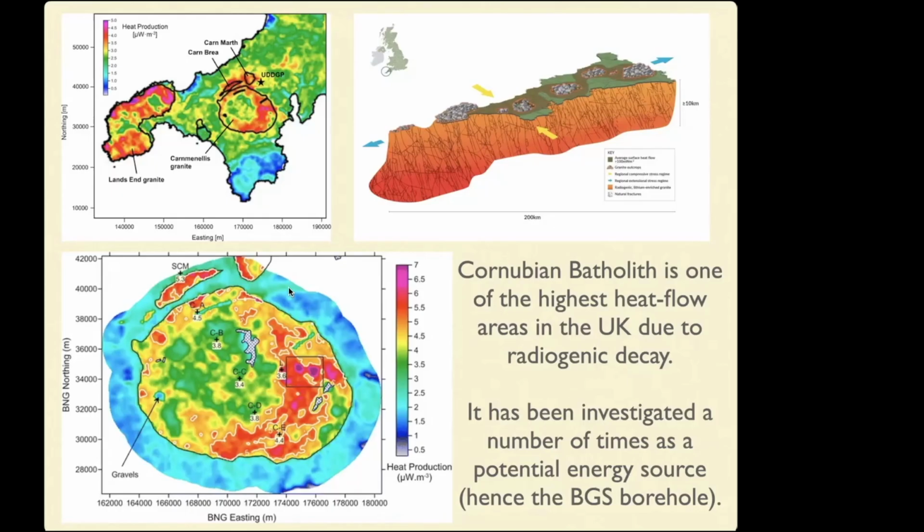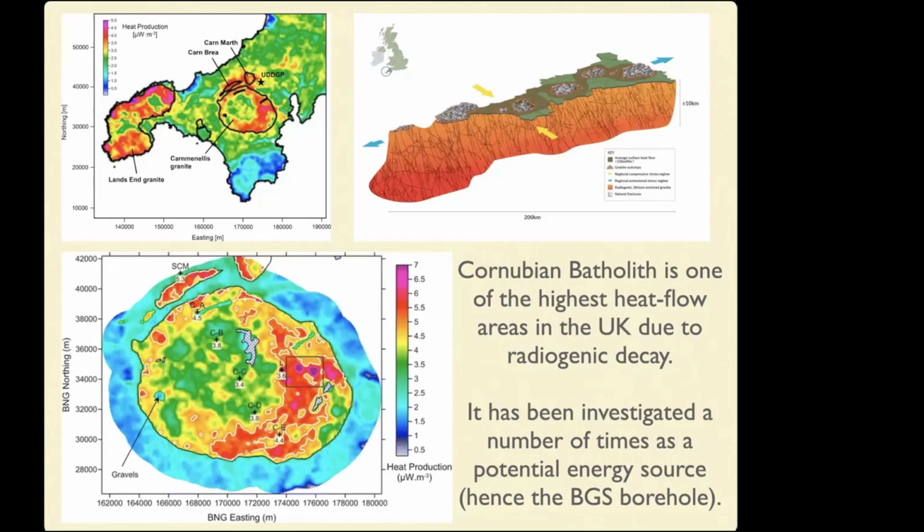So there's Carmenellis granite, this is the Land's End granite, and there's quite a lot of heat being produced around here. And that's radiogenic heat. It's actually heat from radioactive elements within the granite itself. It's not exploited, but they've looked at it a number of times now.